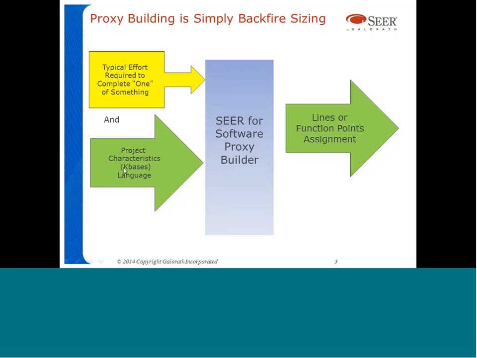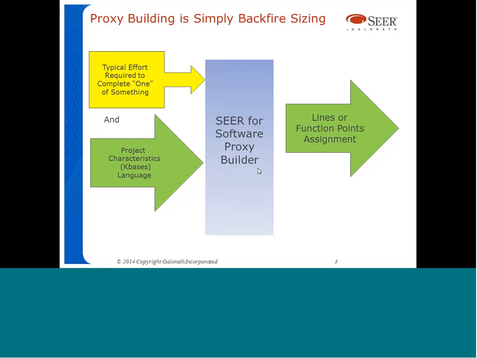And we're also going to need the specific project characteristics. And to be more specific, these are the knowledge bases and the programming language that you use to develop this functionality. Okay, so these two inputs are going to be provided to the SEER for software proxy builder tool. We also call this our size metric generator.